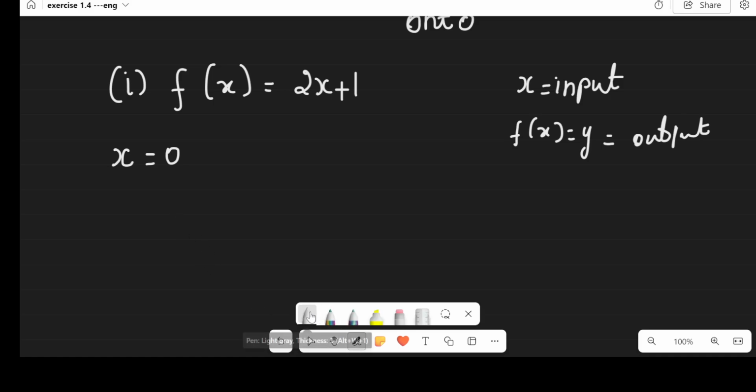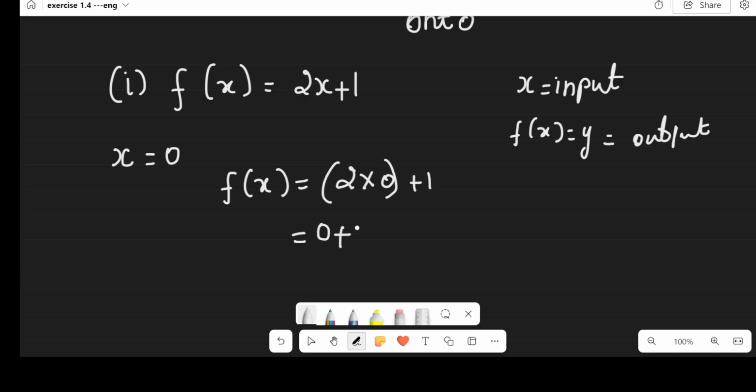If I give 0 for x, f of x would be 2 into 0 plus 1. 2 into 0 is 0, plus 1. Answer is 1. For 0, I'm getting output as 1.